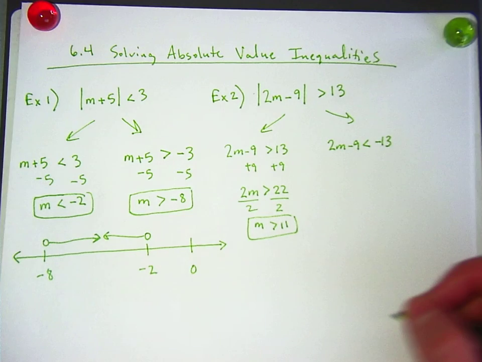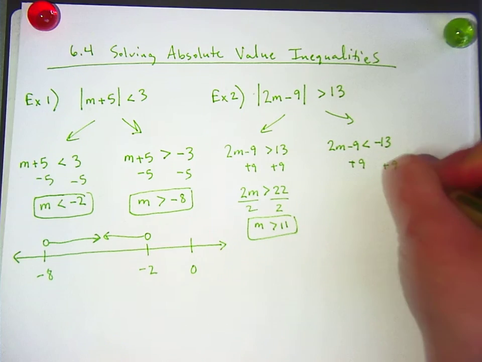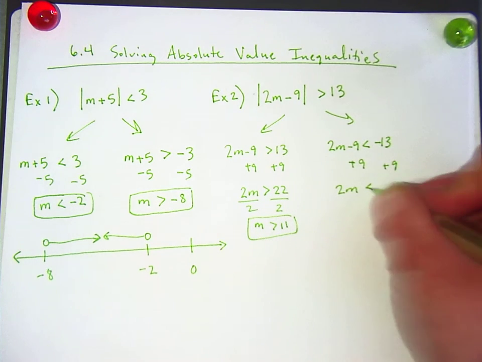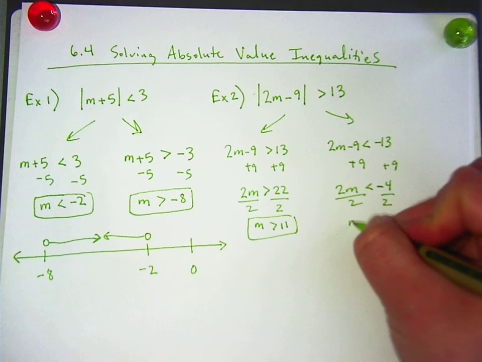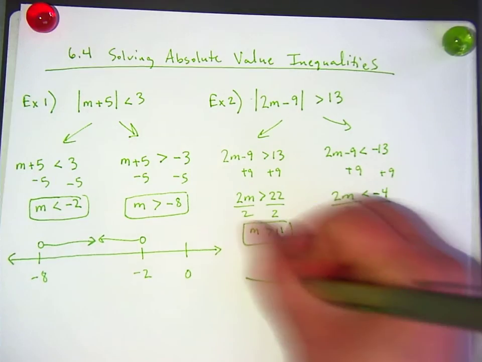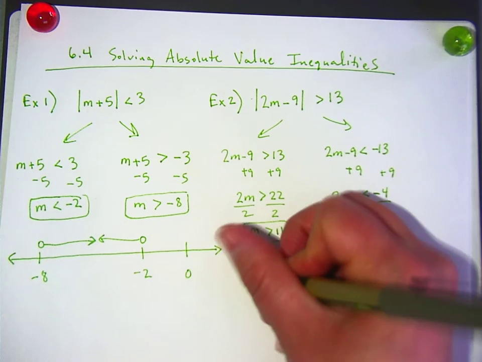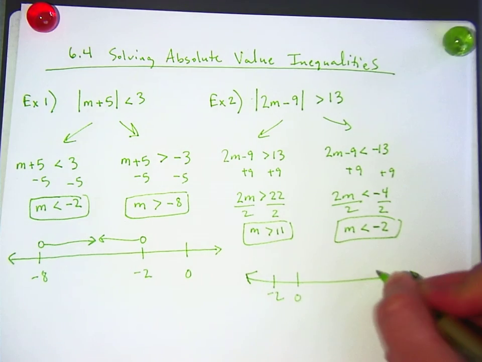Go on. You add 9 on each side to get 2m is less than negative 4. Then you divide by 2 on each side to get m is less than negative 2. Okay. So make a number line. I've got -2, 0, and 11.